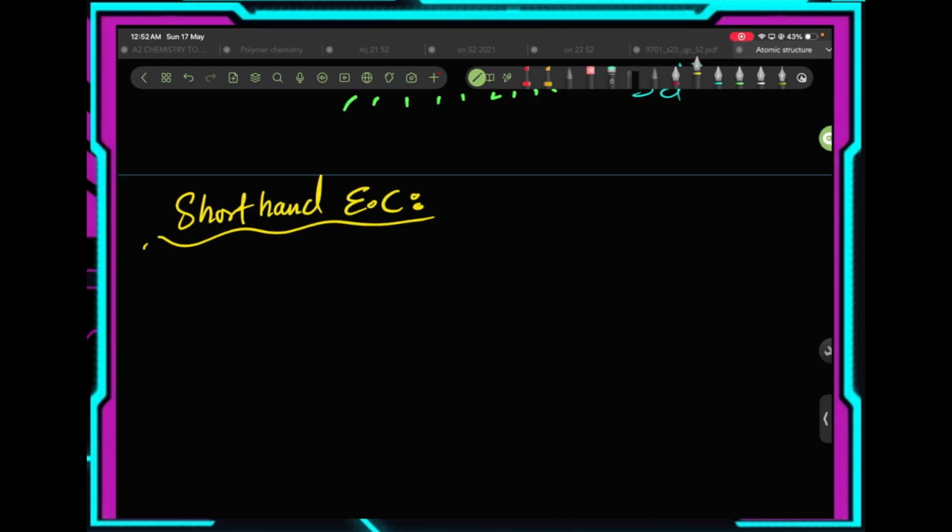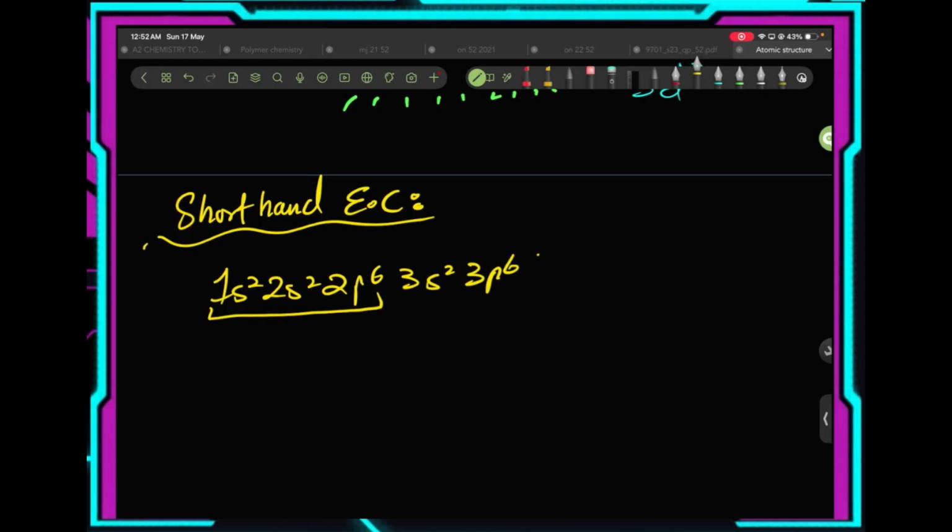So basically, in the shorthand electronic configuration, instead of writing 1s2, 2s2, 2p6, 3s2, 3p6, for example, instead of writing this again and again, what you do is you replace, for example, the first 10 electrons with the symbol of an element from group 8 of the periodic table that has 10 electrons.